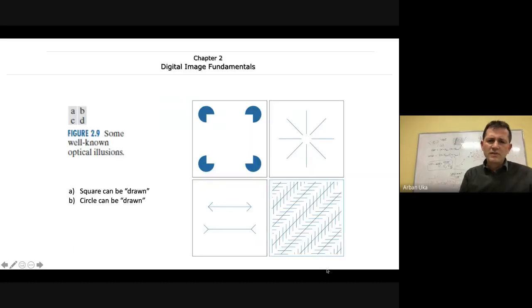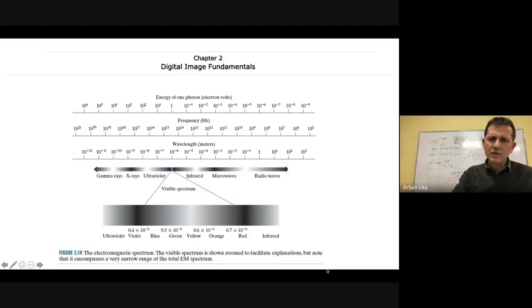Now here we have some traditional optical illusions that can happen for humans. So normally you can draw a square in the first image A, we can draw a circle in the second one. We can also compare the length of different rods which are shown at the bottom, or whether the rods are parallel or not.